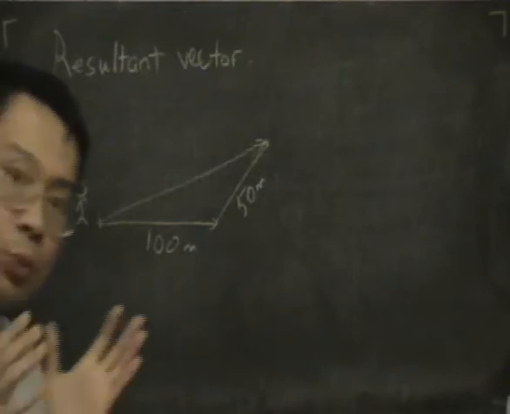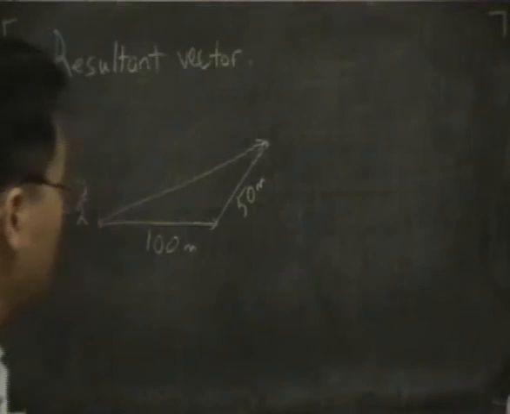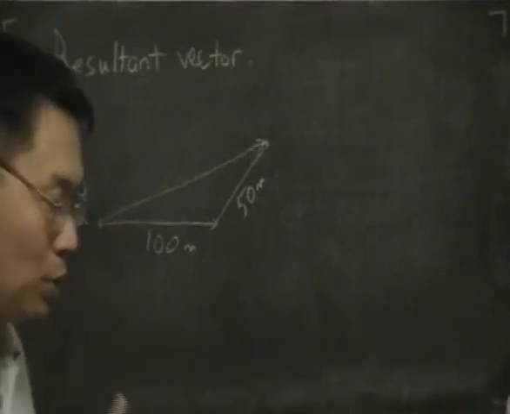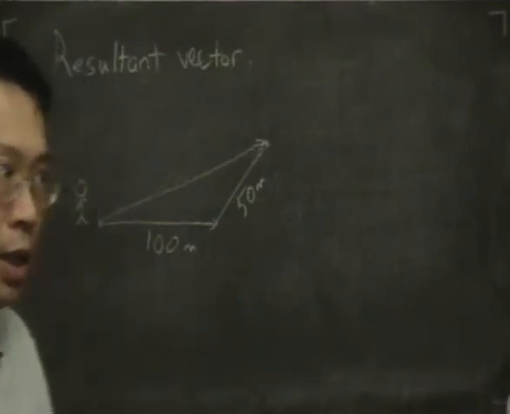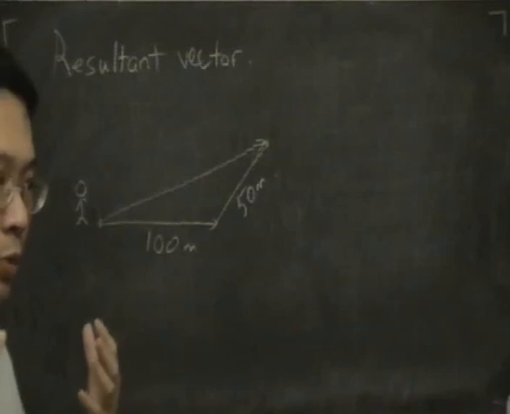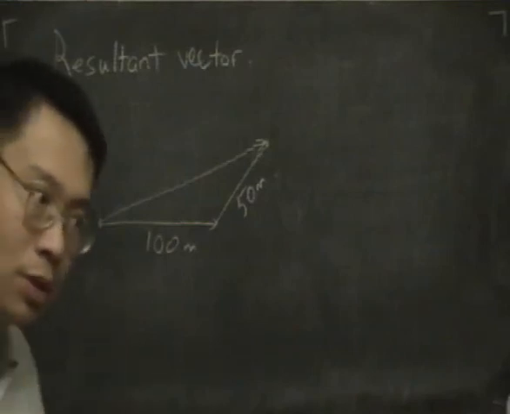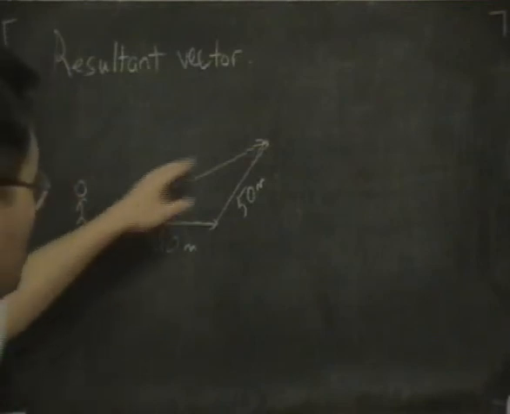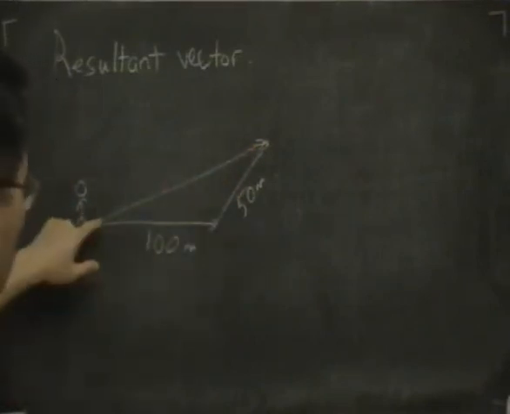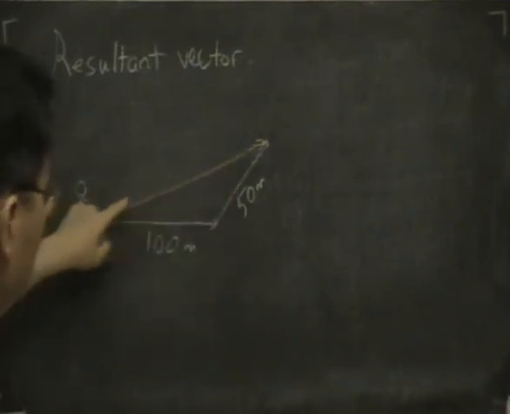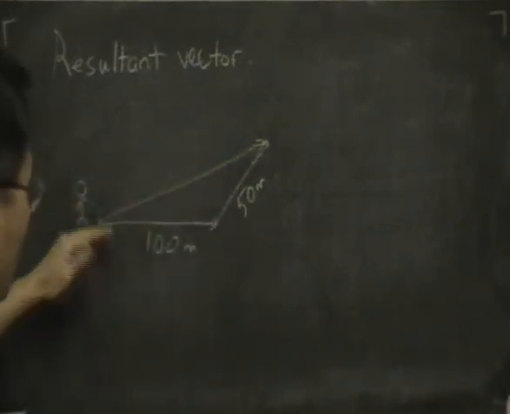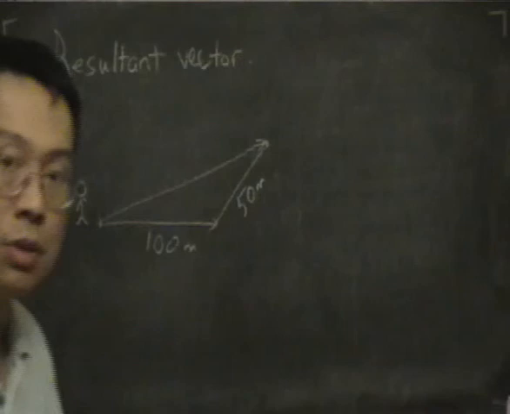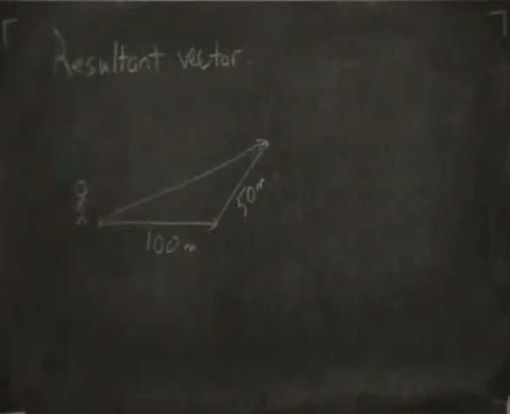But how would we describe this resultant vector? We know that to describe a vector, we have to know the magnitude and the direction. So to describe this resultant vector, I would need to know the distance for the magnitude, and I would need to know what direction it is in.